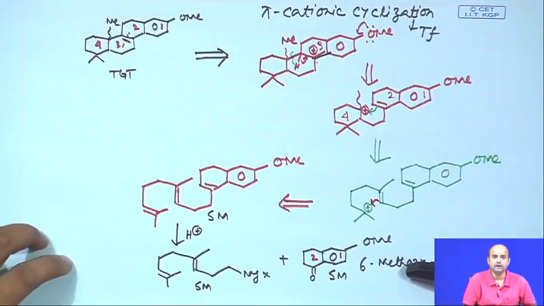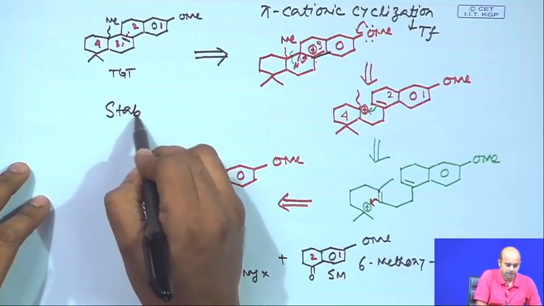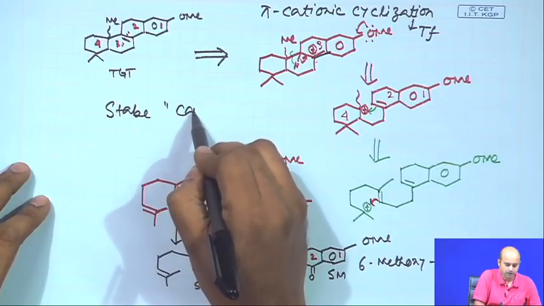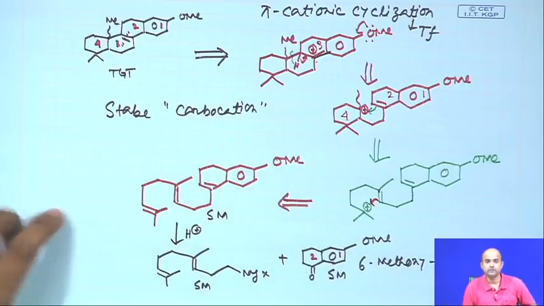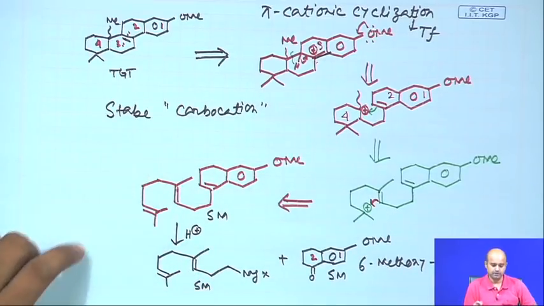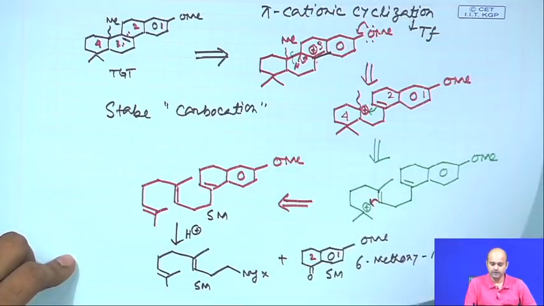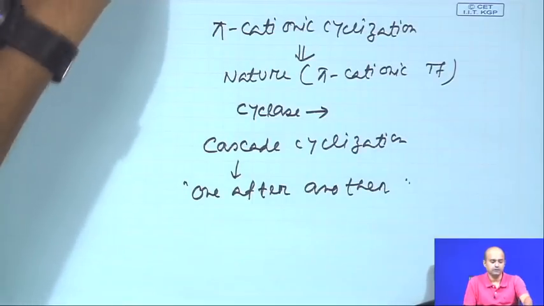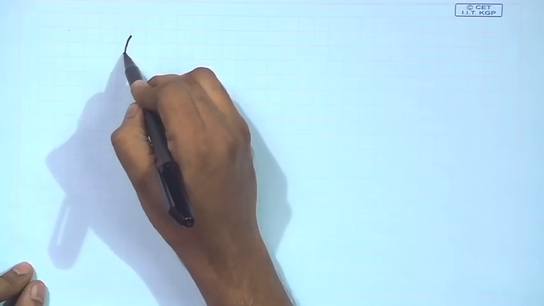Chemical logic says that a stable carbocation will be generated, and the stable carbocation will try to react with this pi cloud, and at the end we get the final product. So, the entire situation is as I explained.